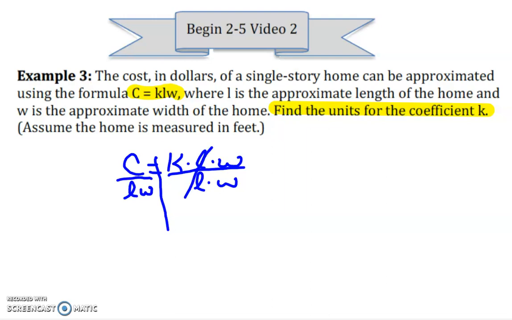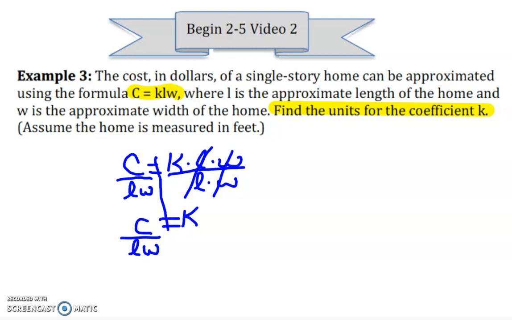Now, L divided by L, that's 1. W divided by W, that's 1. So we're left with a K over here by itself. All we're doing is just cleaning up this formula, rewriting exactly what we see. So we have C over LW is what K is equal to.